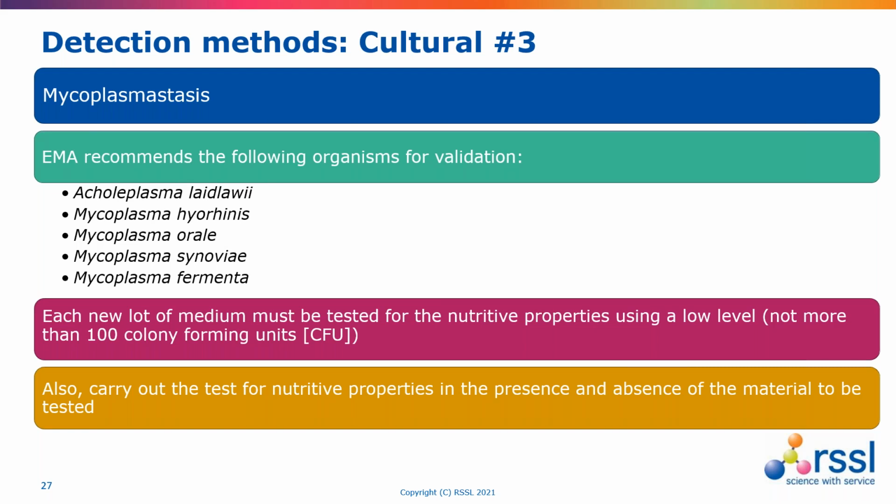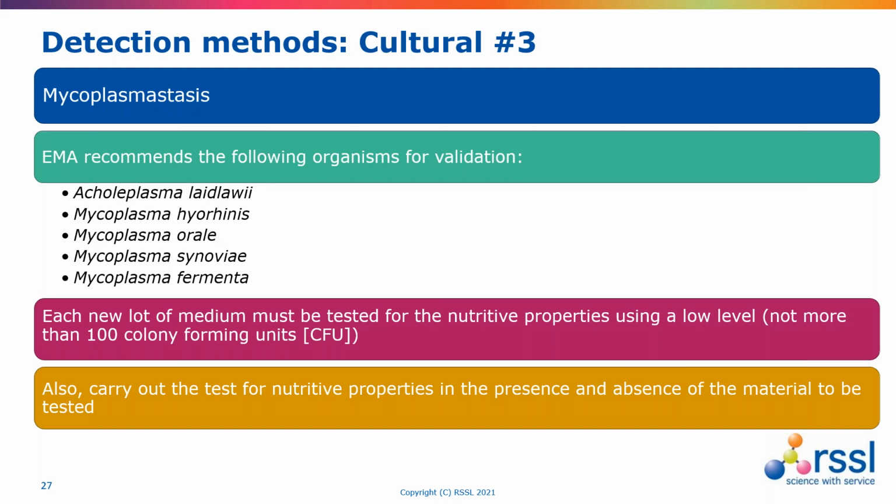So there are some examples of mycoplasma that can be used as controls on the slide, and these are the ones that are recommended by the European Medicines Agency guidance for mycoplasma testing. And whether those ones are selected or alternative ones, it's important that there is a range and it reflects some species that are known to be antibiotic sensitive.